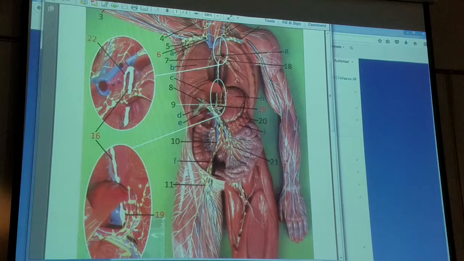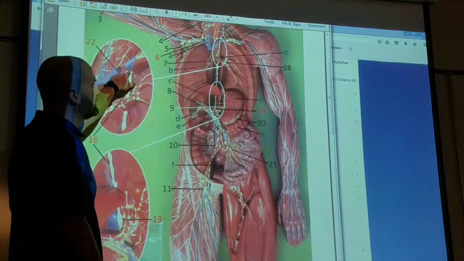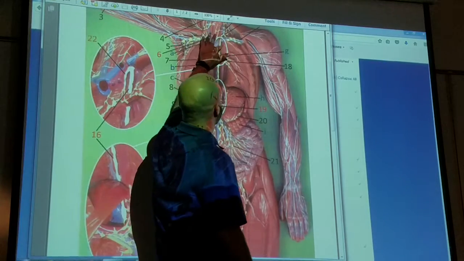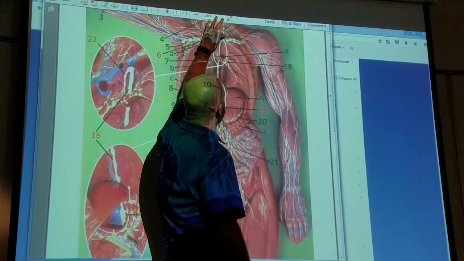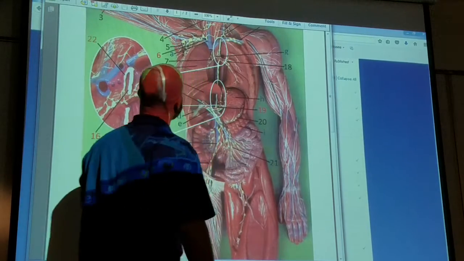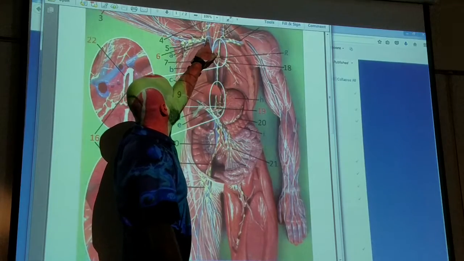And then over here, the rest of it's hidden behind the subclavian vein, is subclavian trunk. So bronchomediastinal is here. It empties into thoracic a little bit lower. And then thoracic keeps going, and then there's jugular, and then subclavian. And then over here, you have a very, very short right lymphatic duct.